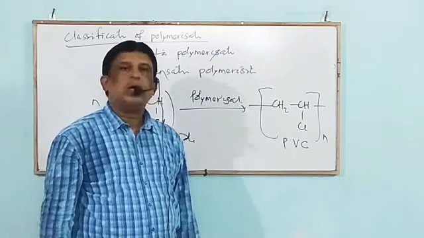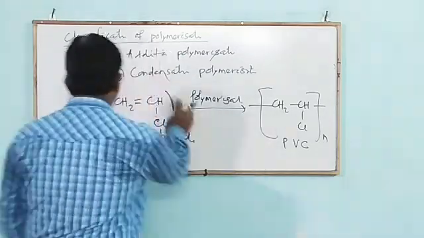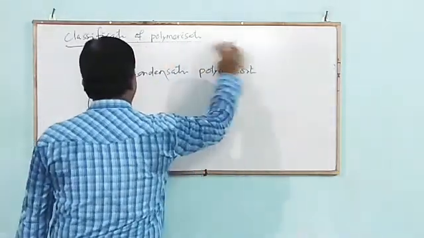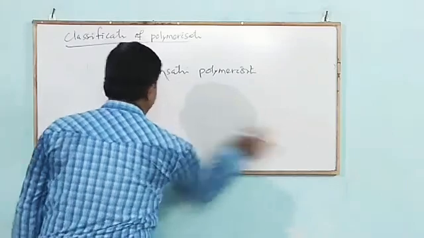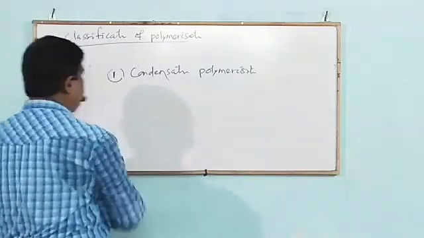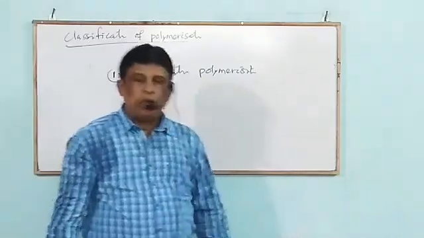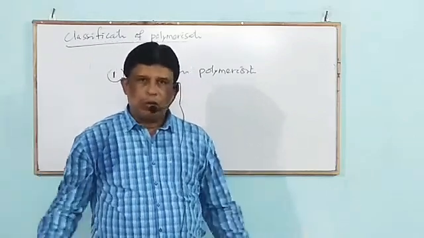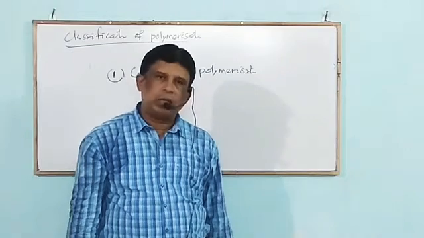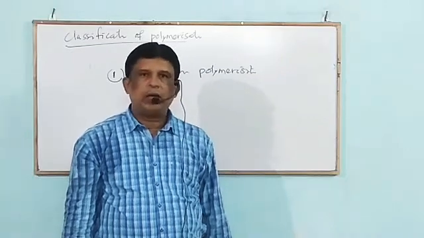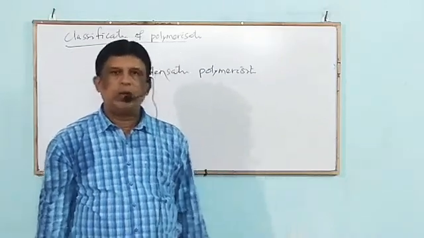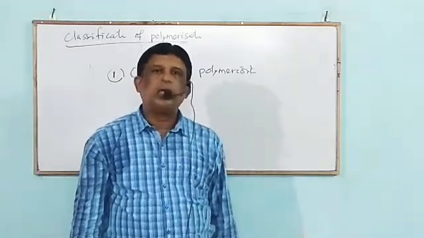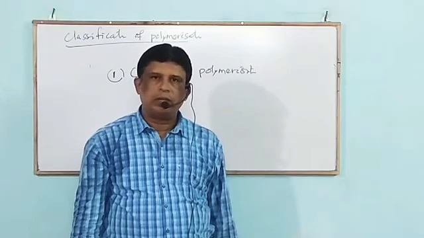Next we will discuss condensation polymerization. That means the polymer is formed when different monomer units are joined together, undergoing condensation polymerization in such a way that there is the elimination of simple molecules like H2O, HCl, etc. Then that type of polymerization is known as condensation polymerization.